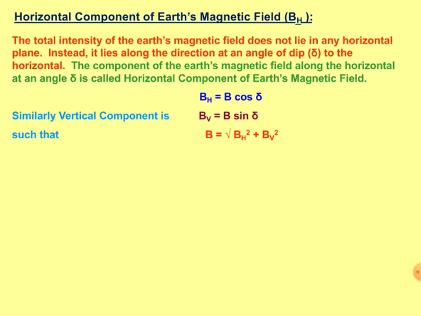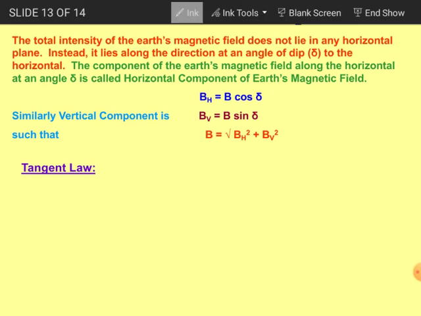In the case of the tangent law, what happened? Suppose a magnetic needle is suspended in a region of uniform magnetic fields which are perpendicular to each other. One uniform magnetic field is acting here, let's denote it by B1. Another uniform magnetic field, denoted by B2, is acting along the y-axis.